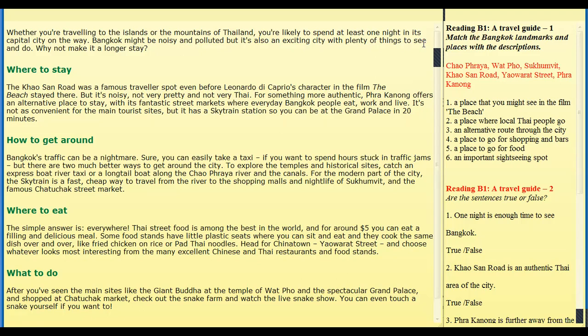There are 6 questions over here, and you have to answer these questions by reading the text, which is on the left side over here. Now I am going to show you using scanning to answer question 1 to 6.